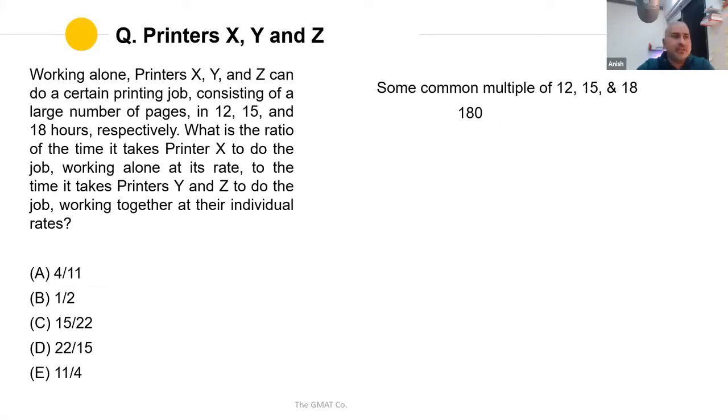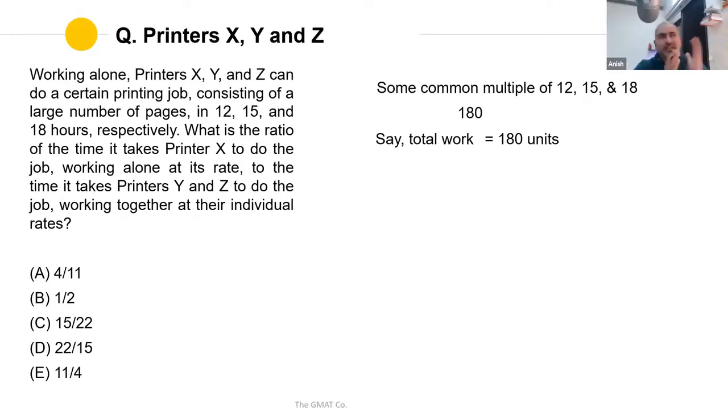Now, why deal with this? So now I'm going to say, let's assume that the total work is 180 units. Here, let me give you a quick background about the concept of work. Basically, printers X, Y, and Z can do a certain printing job. Now, whatever that printing job may be, it could be printing 180 pages, it could be printing 1800 pages, one page, whatever.